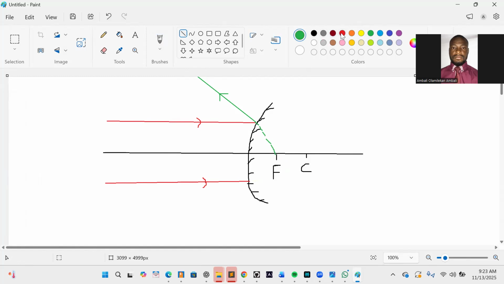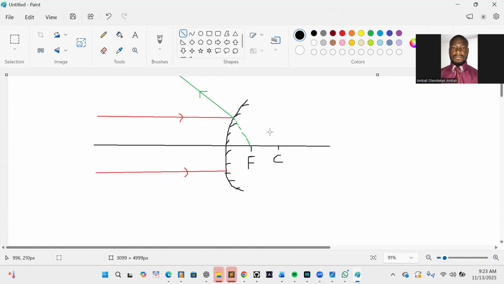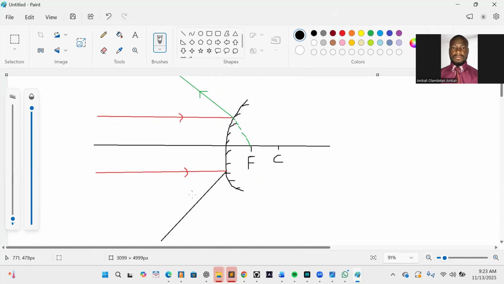So also for the second ray, coming from infinity, once it hits the mirror, it's going to be reflected as if it's coming through the focal point. You put your arrows, then you trace it back to see where the image is located.